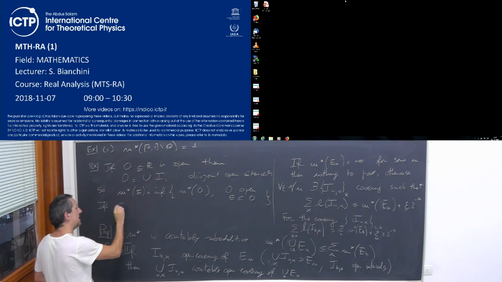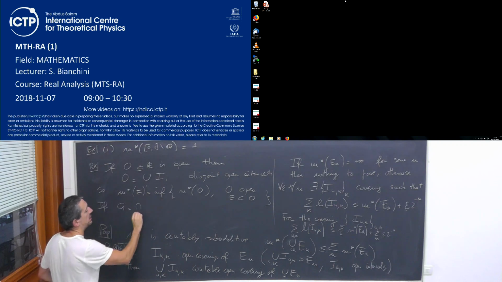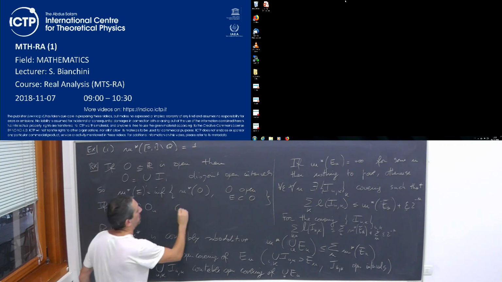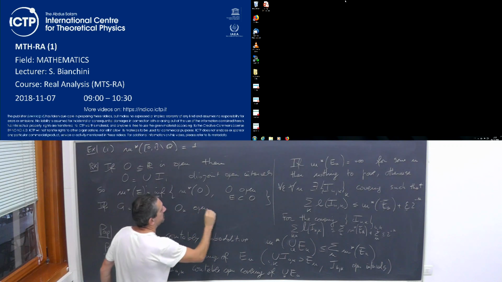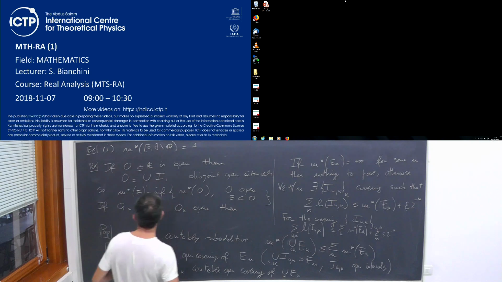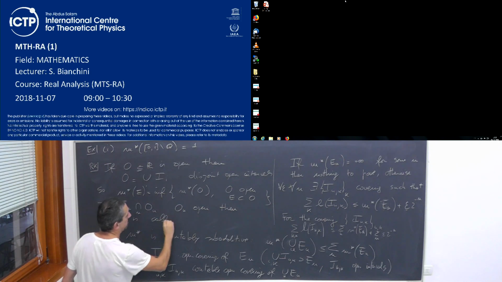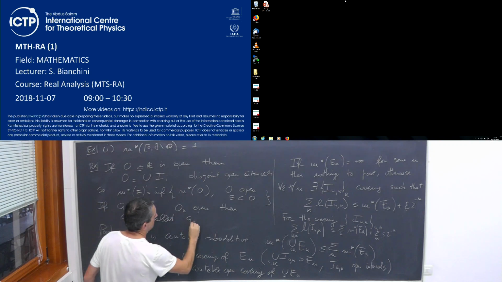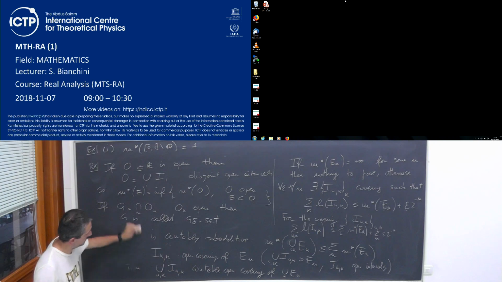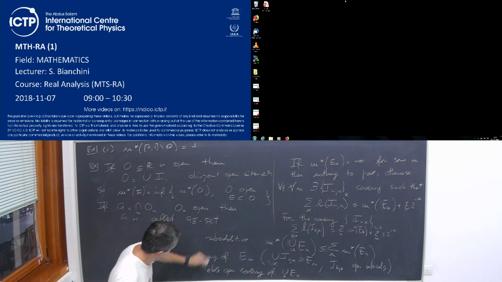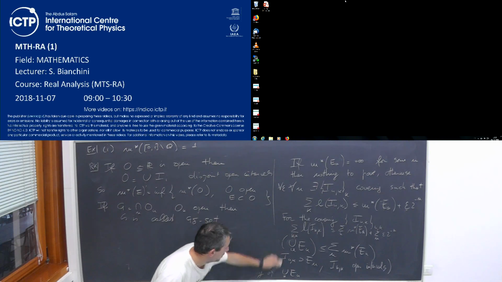If, let's say, G is the intersection of open sets, then G is a G delta set. This is a little bit of descriptive measure theory.